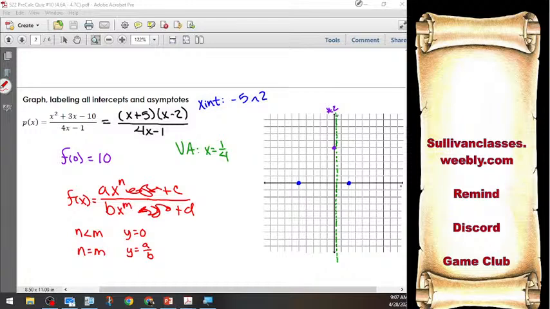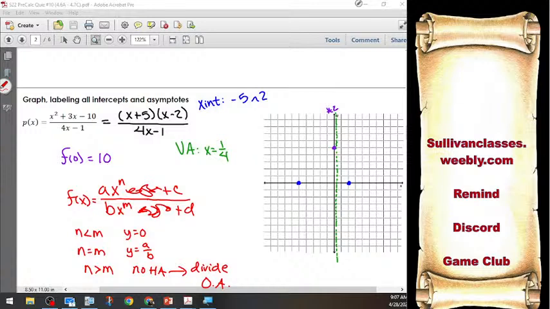But in this case, n is greater than m. So there is no horizontal asymptote. I have to divide to find my oblique asymptote.